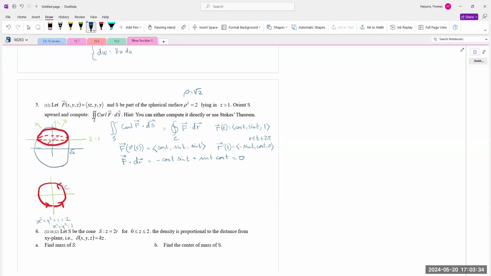So the integral over closed curve C of F dot dr equals the integral from 0 to 2 pi of 0 dt. That's straightforward, 0. This is by Stokes theorem.